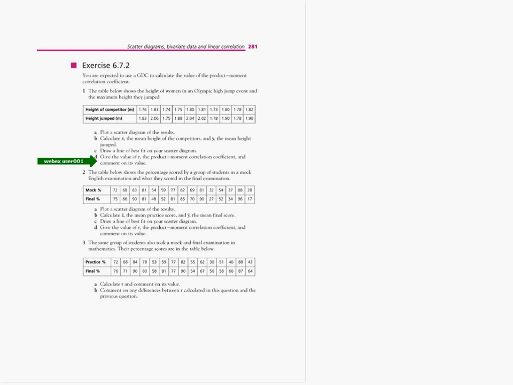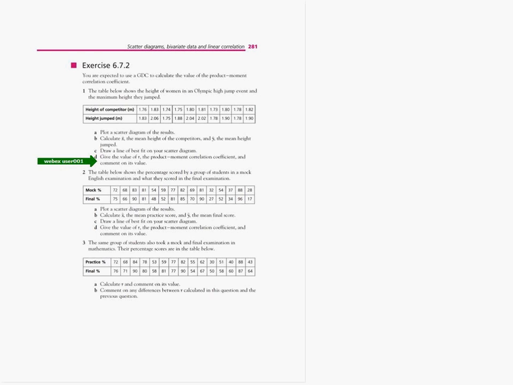Okay, so it's 0.3. Is it a negative or positive correlation? It is a positive correlation. So 0.3 means it's a medium correlation, not very strong.